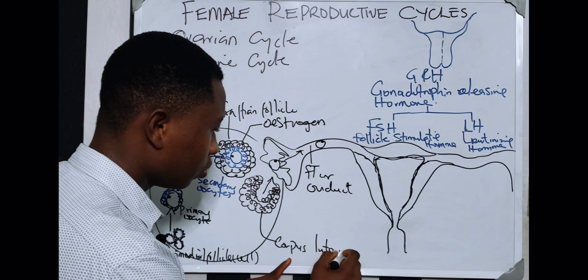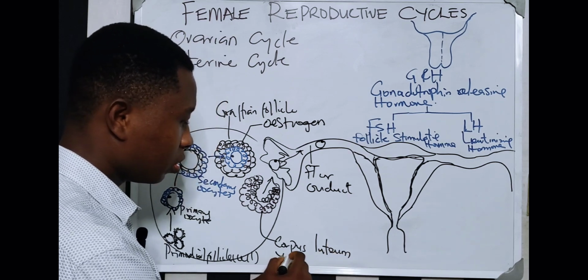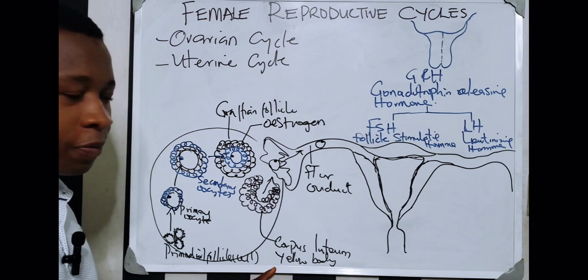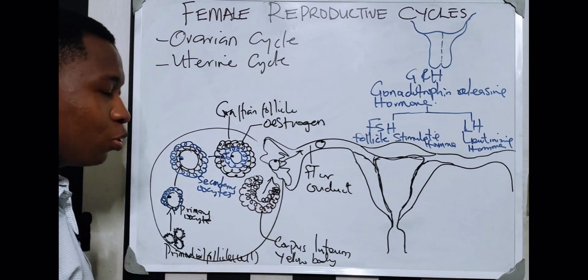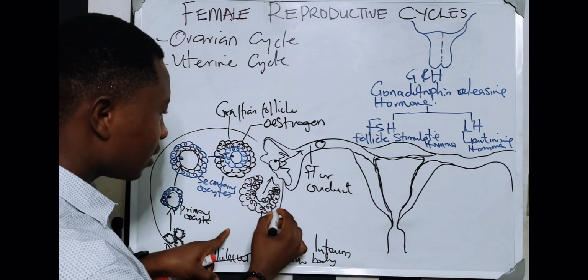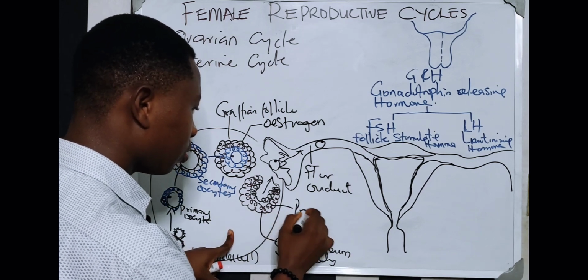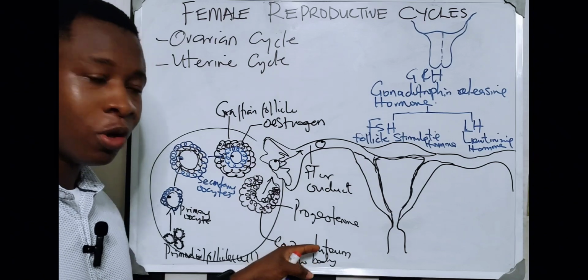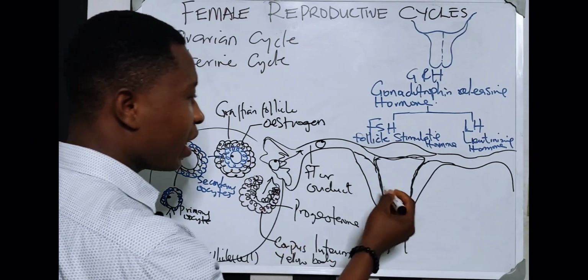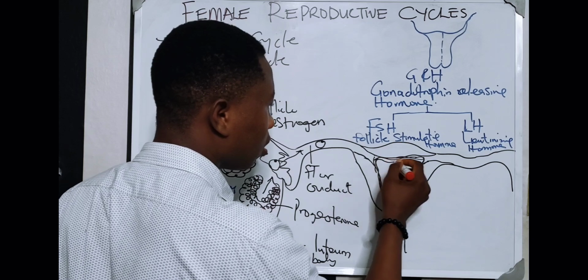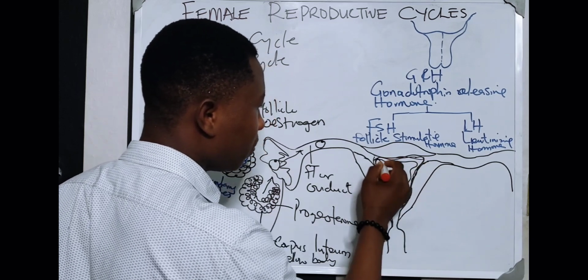Corpus luteum, which means yellow body. Now, this corpus luteum also produces a type of hormone which we know as progesterone. The progesterone further prepares the uterine wall.